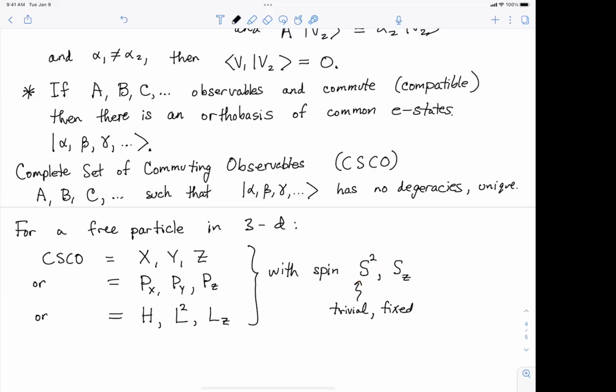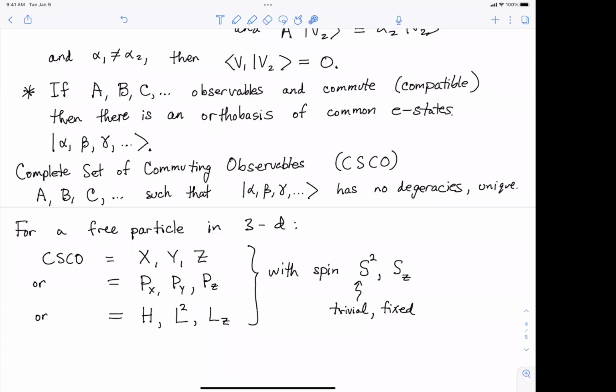It never changes. It's the same for all states. That's sort of the definition of spin, the part of the angular momentum that you cannot change. On the other hand, the spin can point in different directions, and so that's why the z component can be added to your complete set of commuting observables.